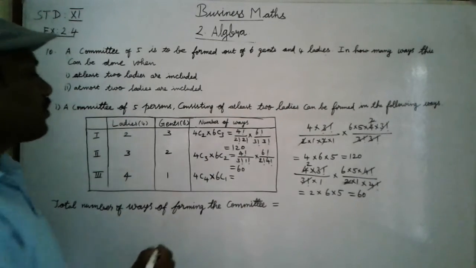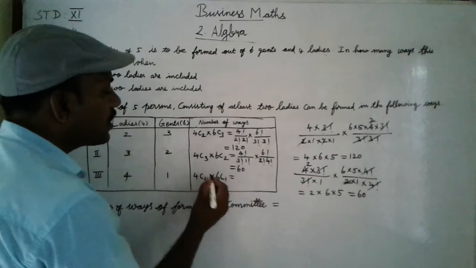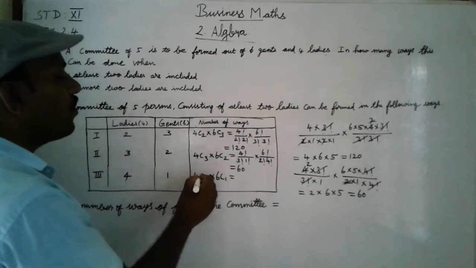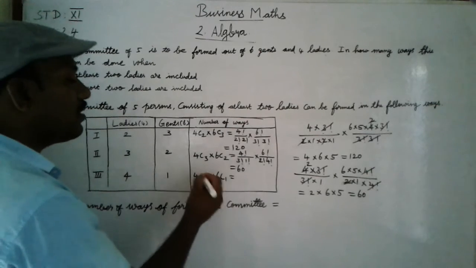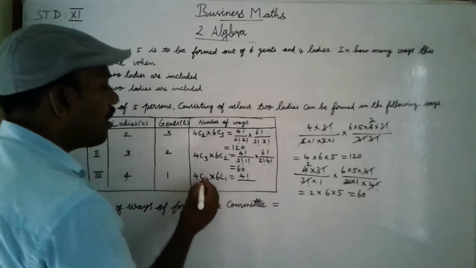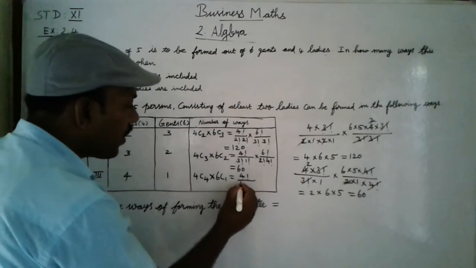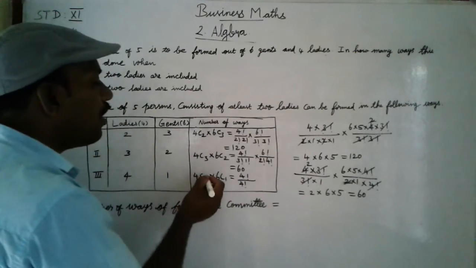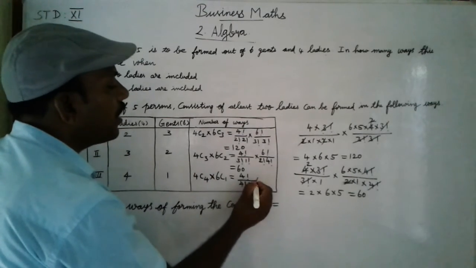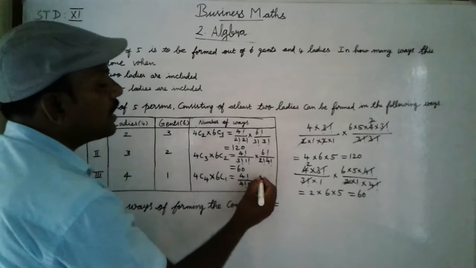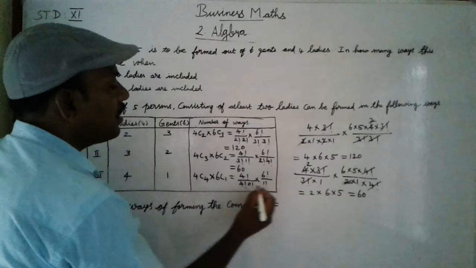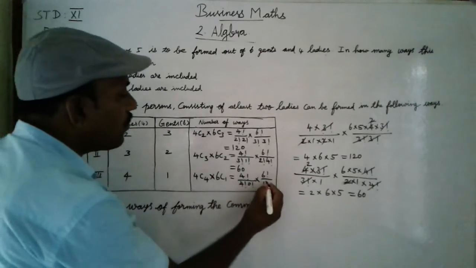equal to, substitute the formula here. 4C4 means, from the formula we know that n minus r is 4 minus 4, so we should write here 4 factorial divided by r is what? 4, so 4 factorial. Next n minus r is 4 minus 4 is 0 factorial, into 6C1, 6 factorial divided by 1 factorial, 6 minus 1 is 5 factorial.